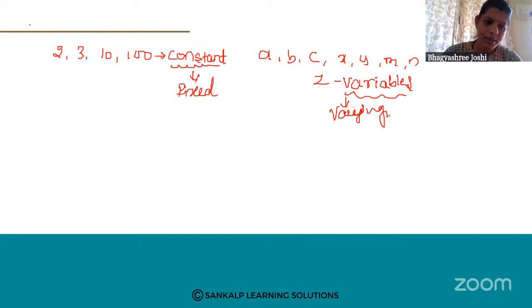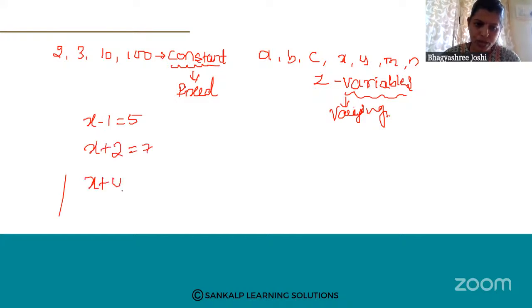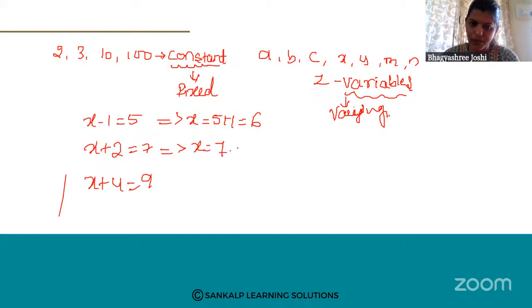See, if I write X minus 1 is equal to 5, X plus 2 is equal to 7, and X plus 4 is equal to 9. Then what is the value of X here? X is equal to, transfer minus 1 to this side, you will get 5 plus 1, that means 6. Next, if you transfer 2 to this side, X is equal to 7 minus 2, that means you will get 5.